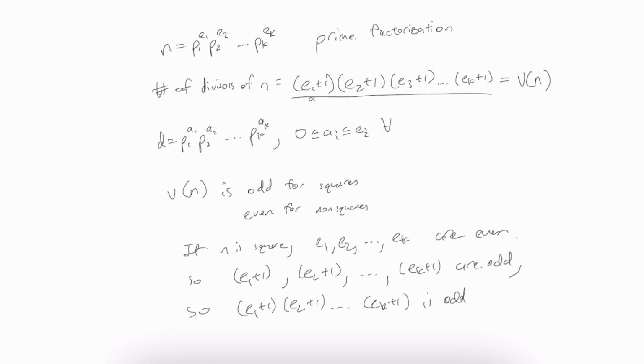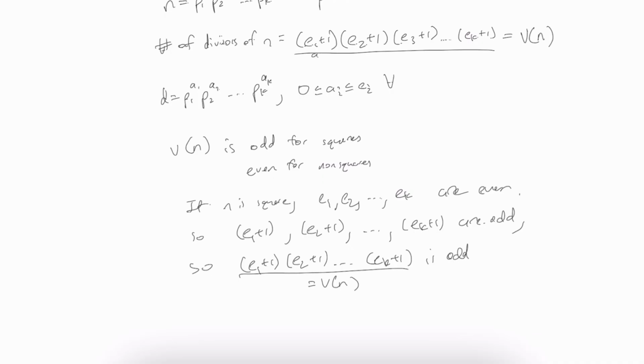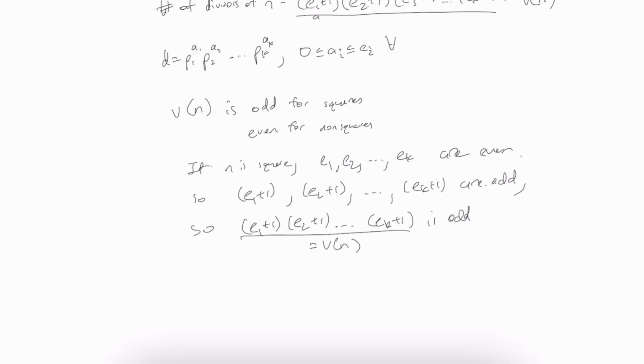So if n is a square, this is odd, which is what we want. And so house n will be toggled an odd number of times, and thus have its light be off at the end.